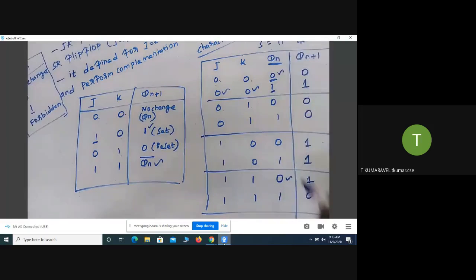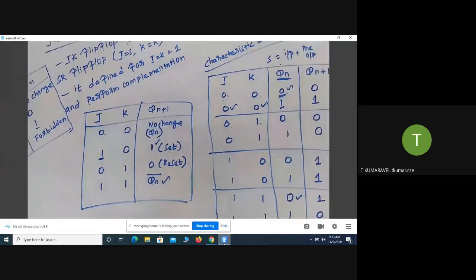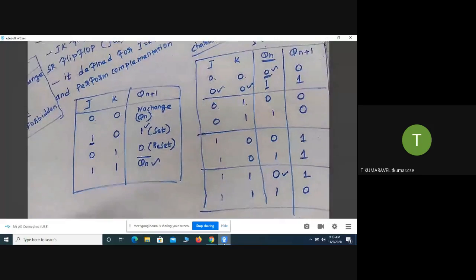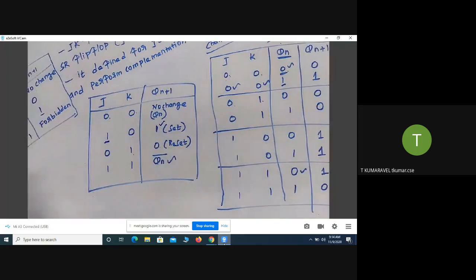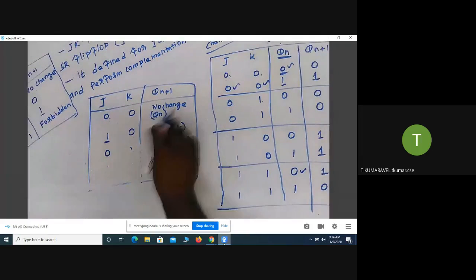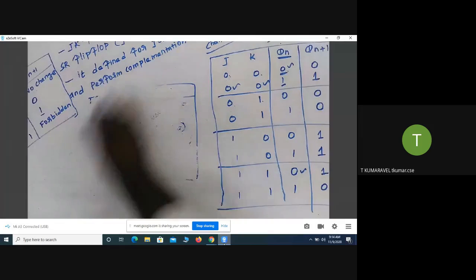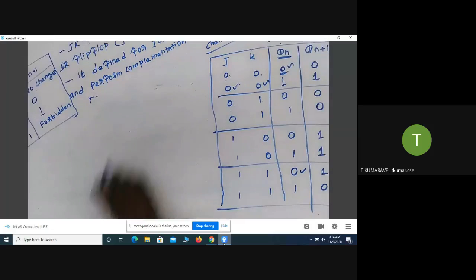So this is nothing but the characteristics table for the JK flip-flop. The characteristics table defines the behavior of the JK flip-flop. Based on that, I'm going to form the characteristic equation. What is the meaning of characteristic equation?